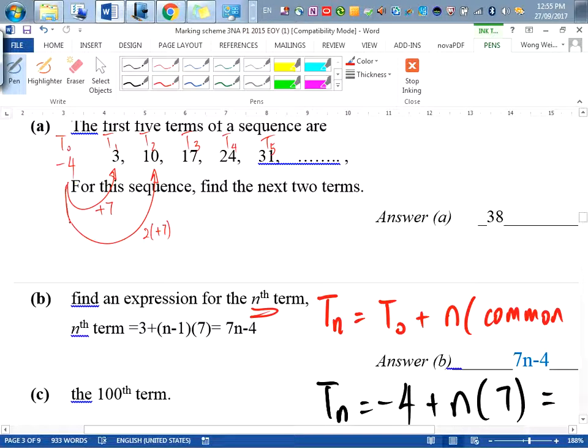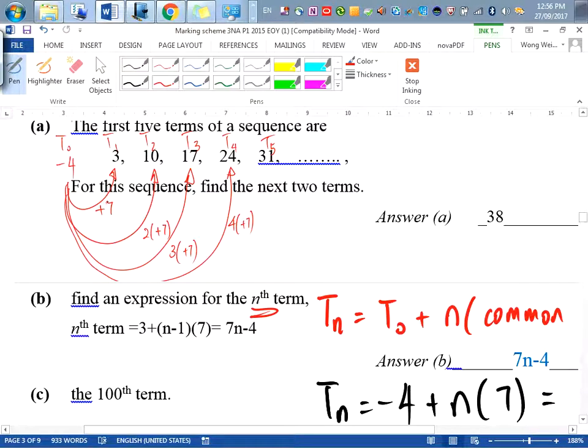Okay, what about from here? From here to here. How much? 3 times of 7. What about from here to T4? 4 times of 7.